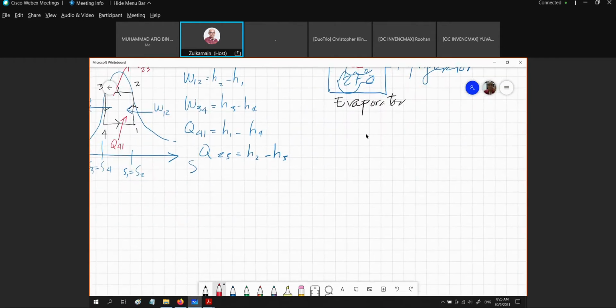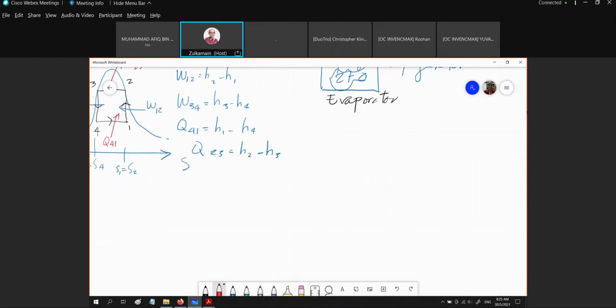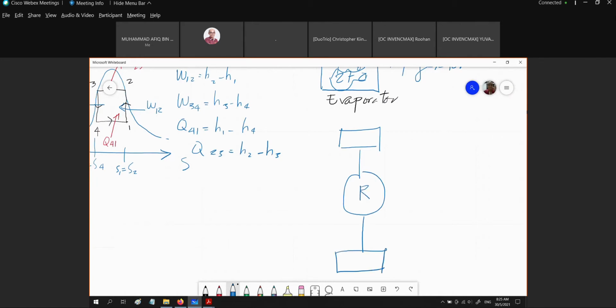If you could remember when we learned in thermodynamics, we have this type of schematic diagram as far as the second law is concerned. So this is our refrigerator, this is our QH, this is our QL, this is our TL, and this is our TH, and we have the W net in.